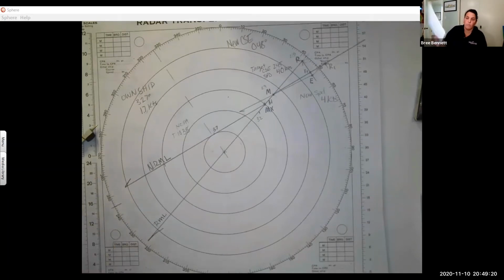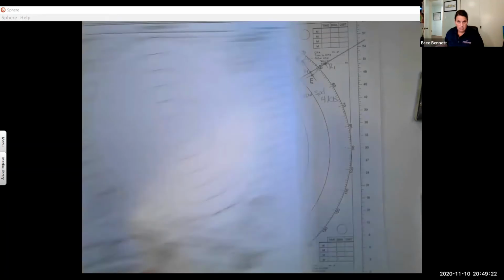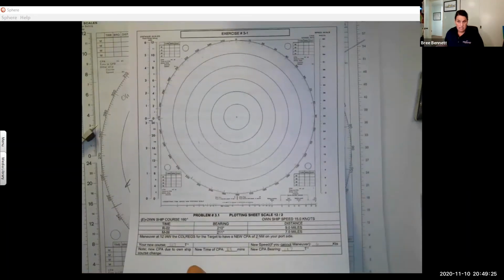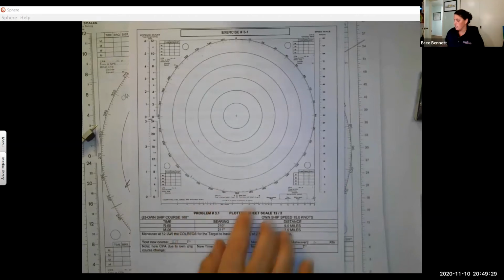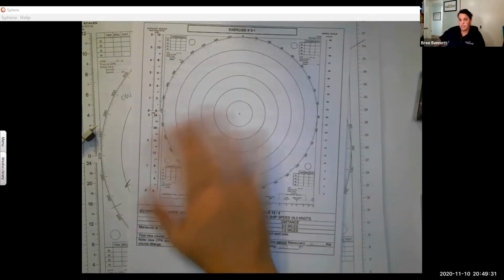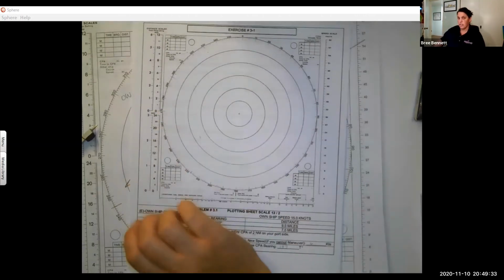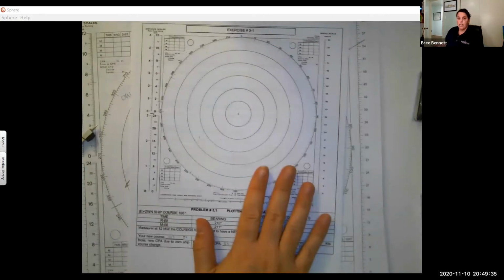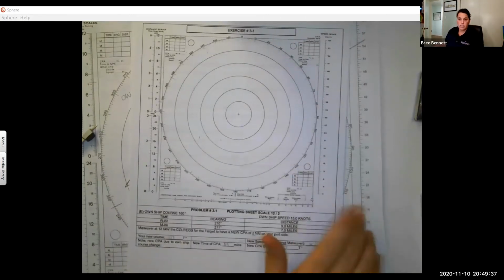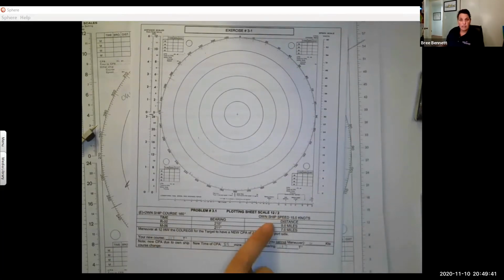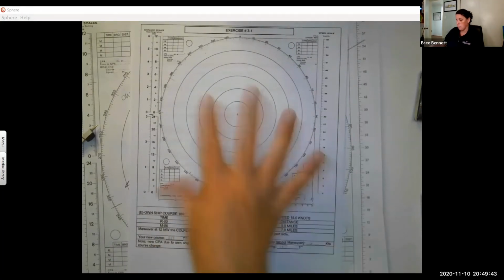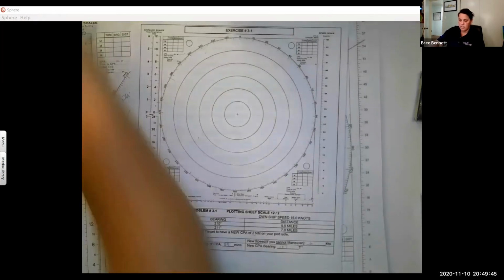Does everyone have the homework printed out? Let's start, or take a breather. If you don't have it printed out, you can still use your radar maneuvering sheets and we'll just plot it on there. I'll probably do that just to make it bigger anyways, easier to see.